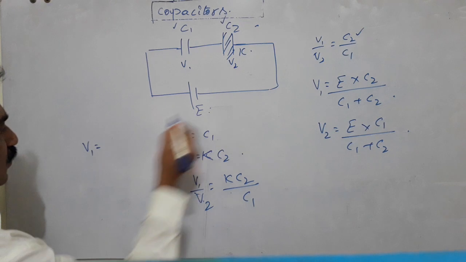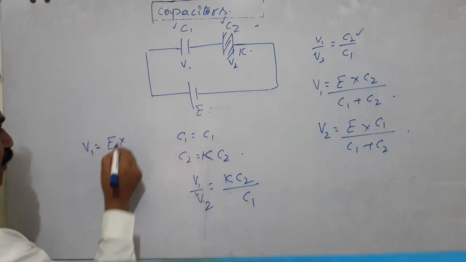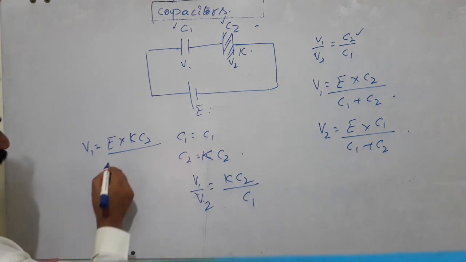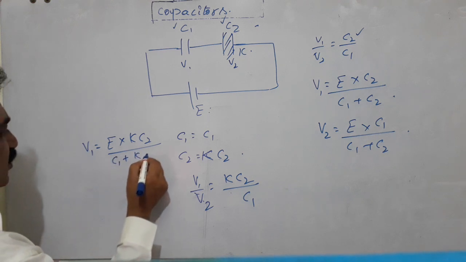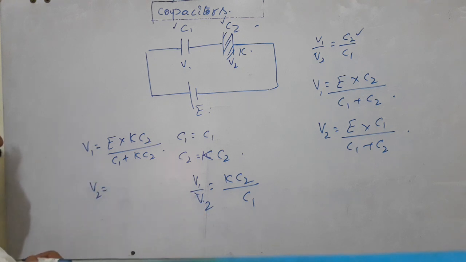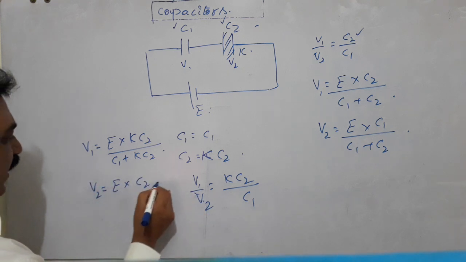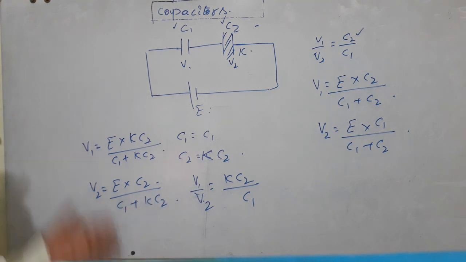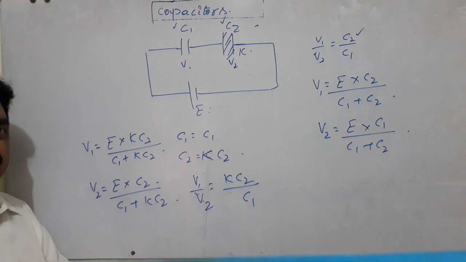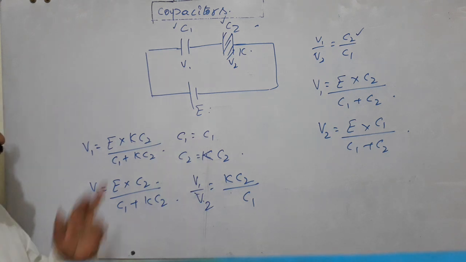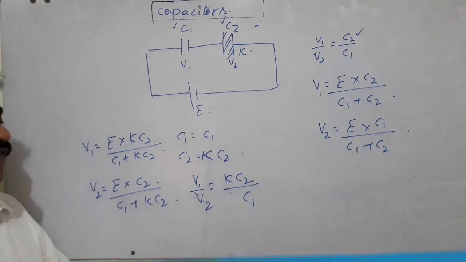V1 is equal to this overall EMF E into KC2 by C1 plus KC2. If you want V2, it is E into C1 by C1 plus KC2. In this way, we can determine the individual potential drops across the capacitors if any medium is inserted between the plates.